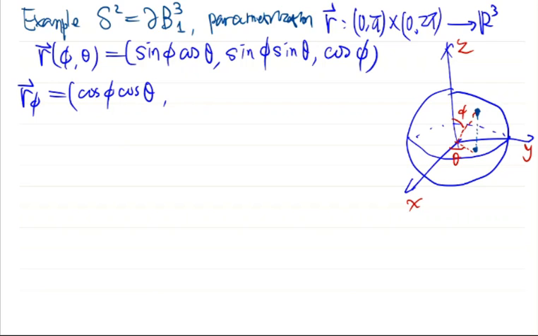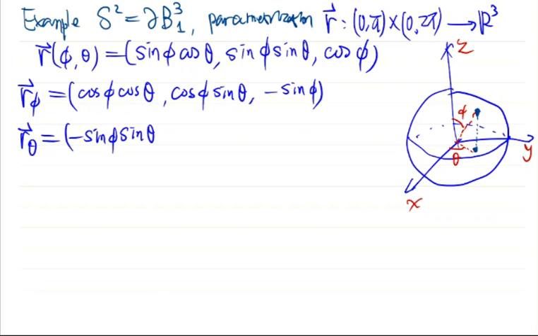The second component is cosine phi sine theta. The third component is minus sine phi. And the derivative with respect to theta is minus sine phi sine theta, sine phi cosine theta, and the last component is 0.